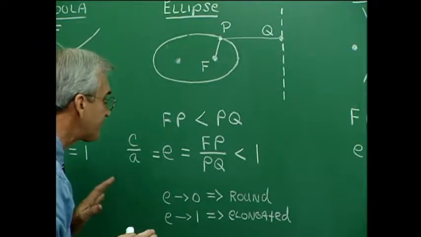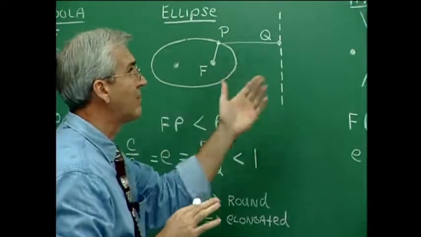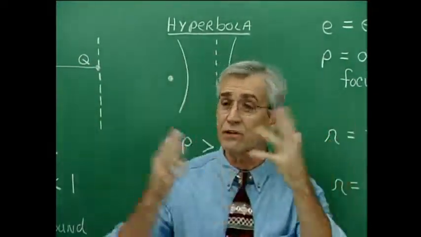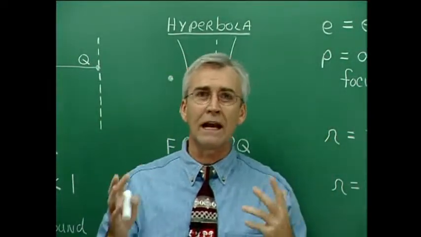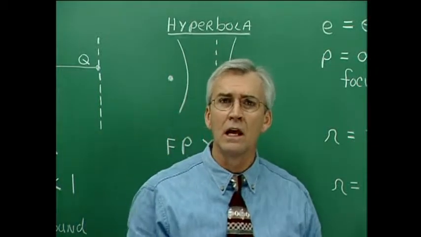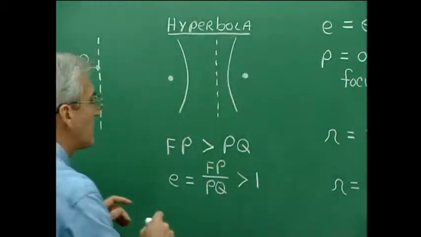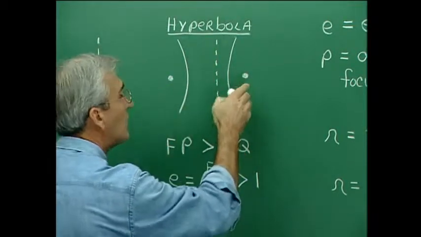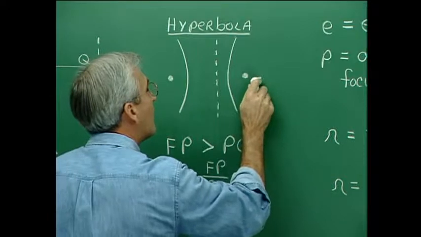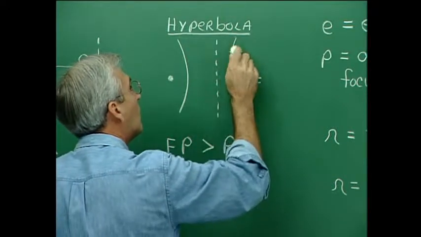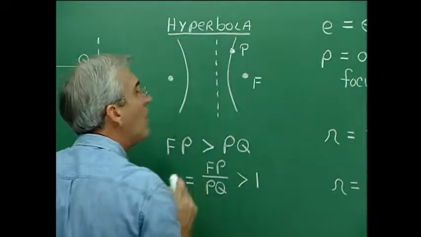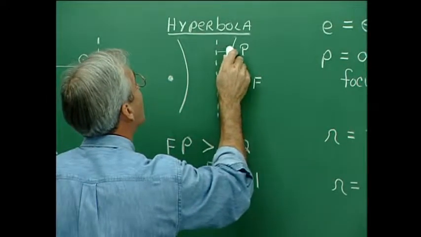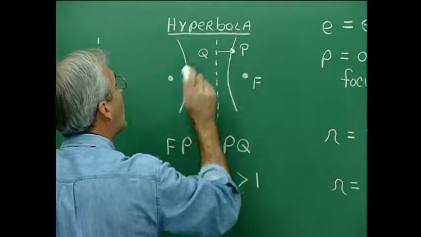All right, so that's one example of why we're doing this. Now let's move over to the idea of the hyperbola. For the hyperbola, our definition before had to do with the difference of distances. Now we're changing our thinking. We have a directrix, we have a focus, we have a point P on the hyperbola, on one of the branches, and we have a point Q on the directrix.